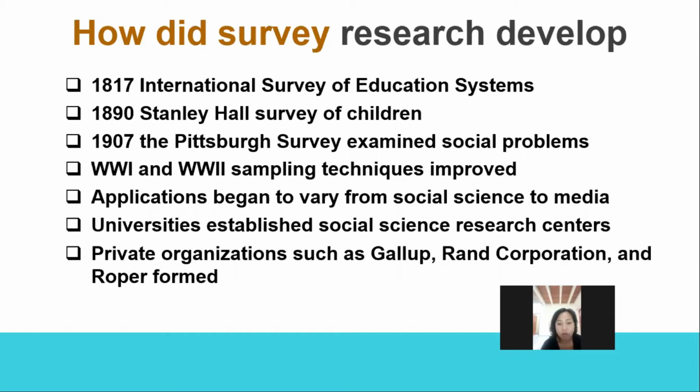In World War I and World War II, sampling techniques improved, and applications began to vary from social sciences to media. Universities established social science research centers, and private organizations such as Gallup, Rand Corporation, and Roper formed.